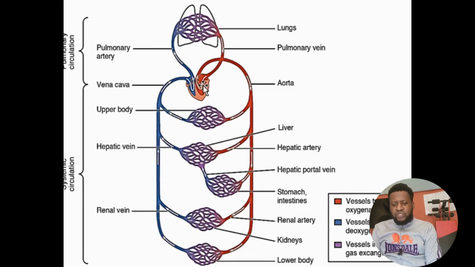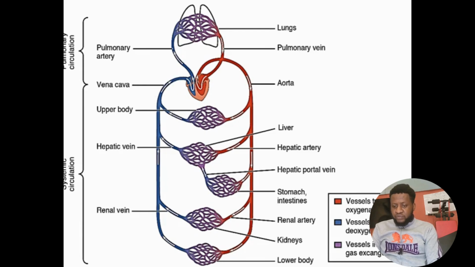From the heart, it moves into the body for circulation, so it circulates around the whole body. When the body finishes its function using the oxygen that is brought in, it captures carbon as well, turning the oxygen to carbon dioxide, and then it goes back to the heart. From the heart it pumps it back to the lungs. So that's an illustration that explains the pulmonary and systemic circulatory system.